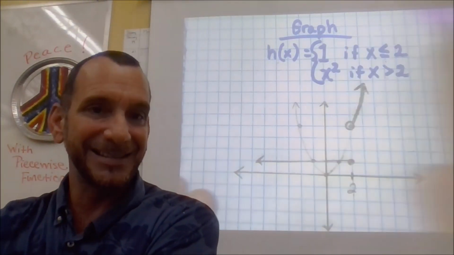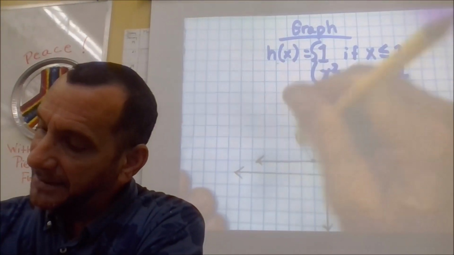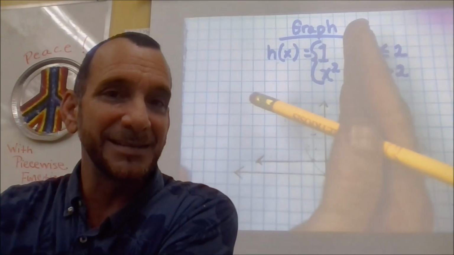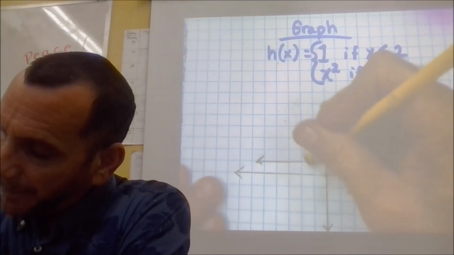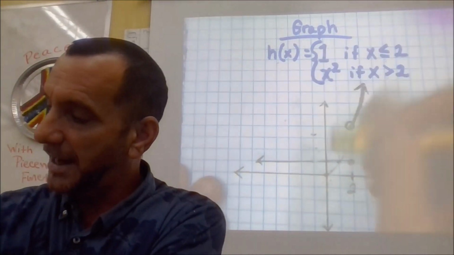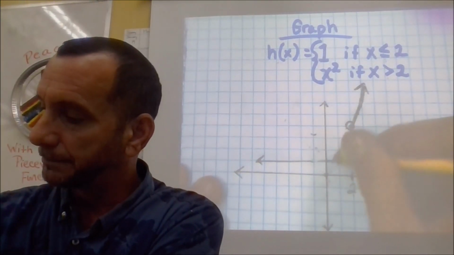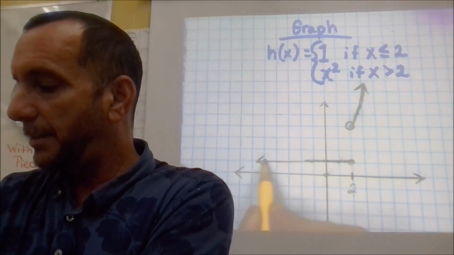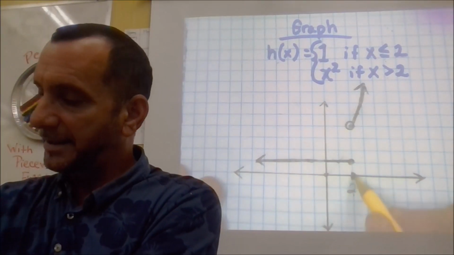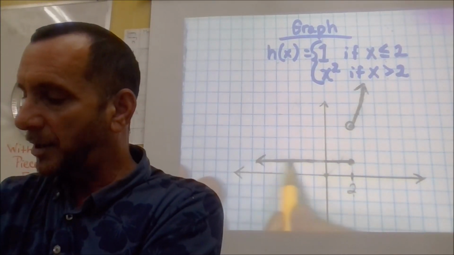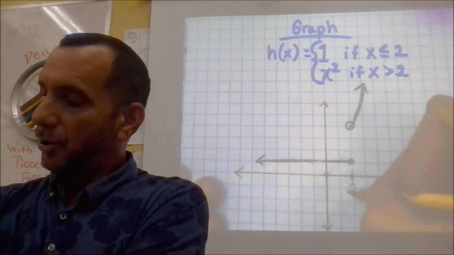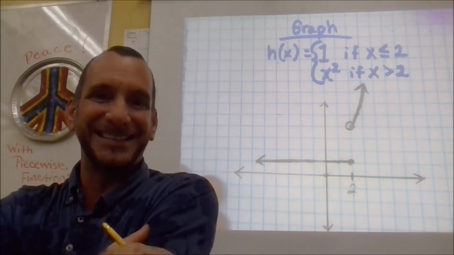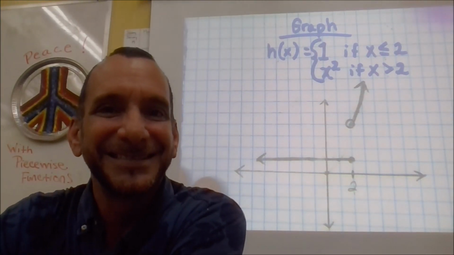So we can erase, because when x is less than 2, the parabola is not occurring. The function is y equals 1. So I'm just going to erase that, and when x is less than 2, the function is y equals 1. And when x is greater than 2, it resembles the parabola. That is my piecewise function.